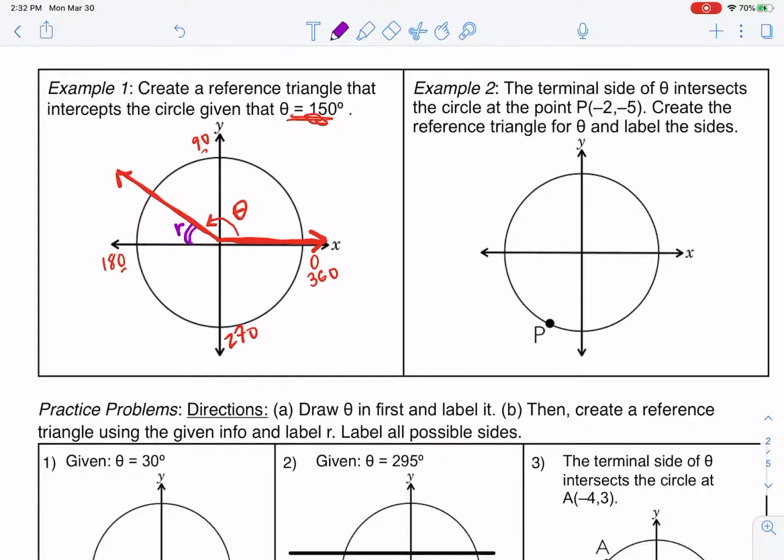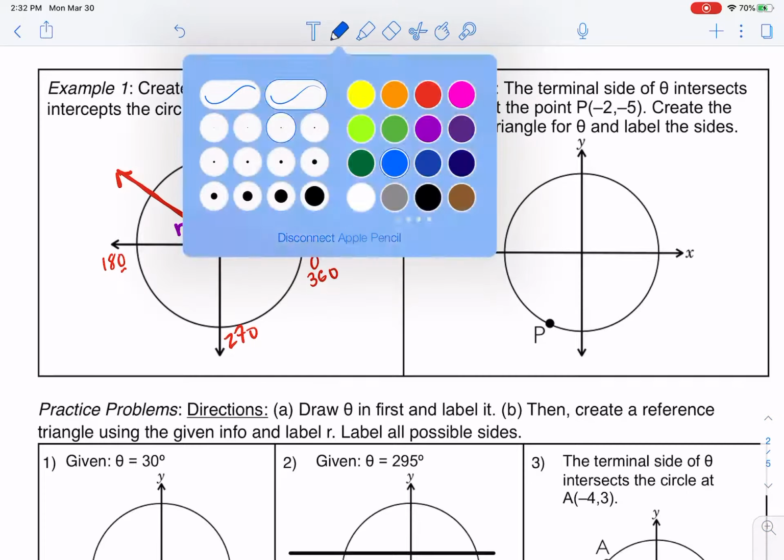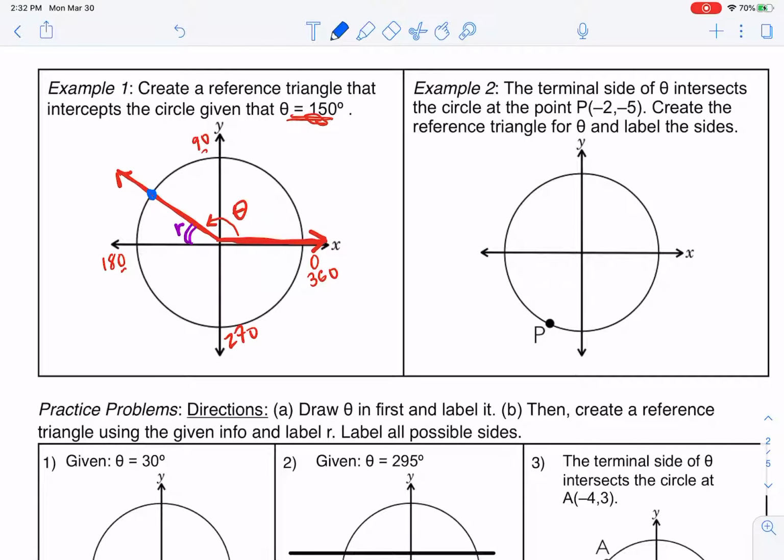I indicate that with an R. And my reference triangle here is the triangle formed by extending a vertical line down from where that ray intersects the circle, tracing that terminal ray and the x-axis. And I'll indicate it's a right triangle by drawing a box in the right angle. So that's my reference triangle.